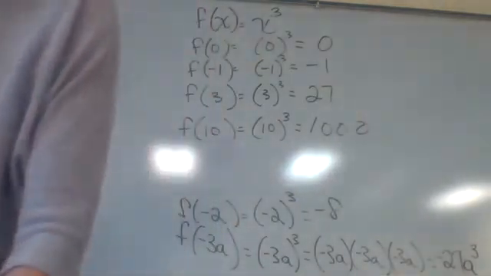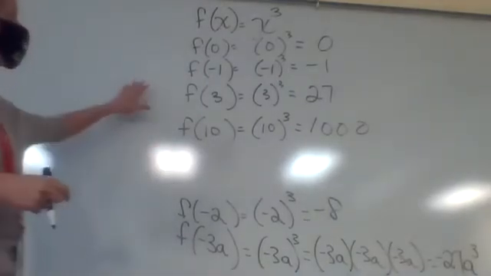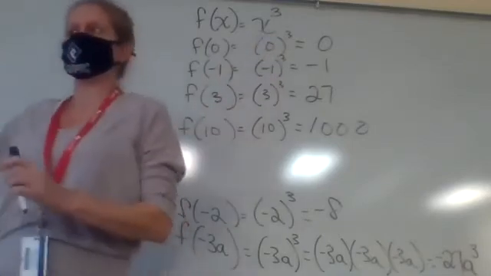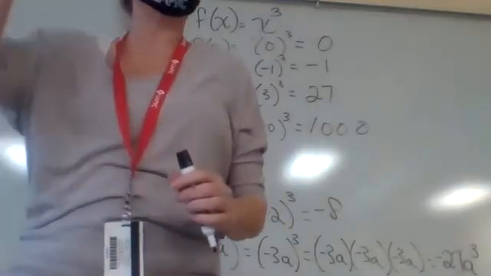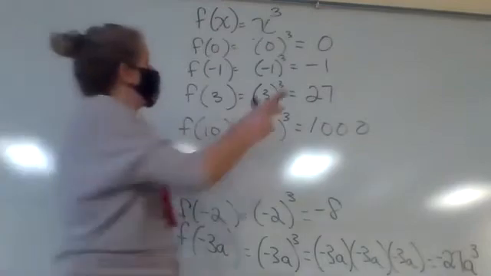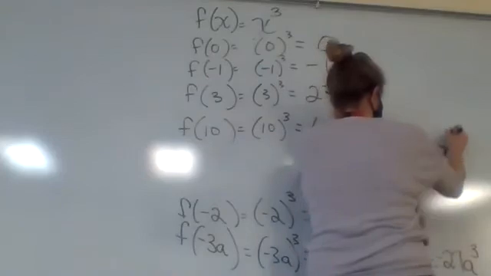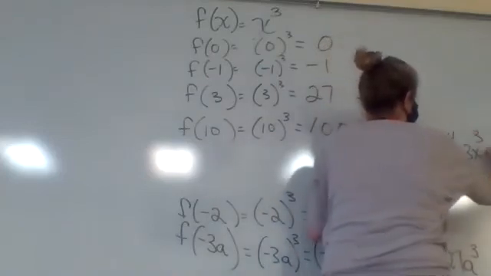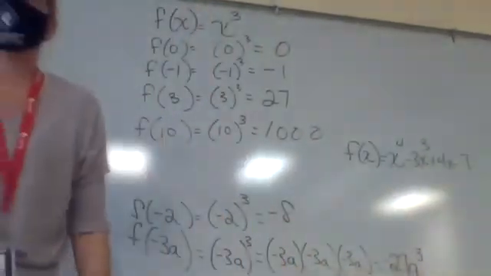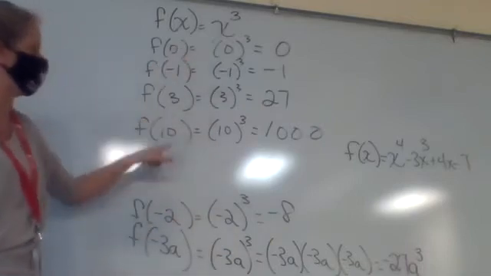Okay, let's find a shortcut. This one wasn't too bad because all you had to do when you replace the x with different numbers for the math part was multiply whatever you put in that spot together 3 times. But what if the function was like that, and you had to find f of 0, f of -1, f of 3?